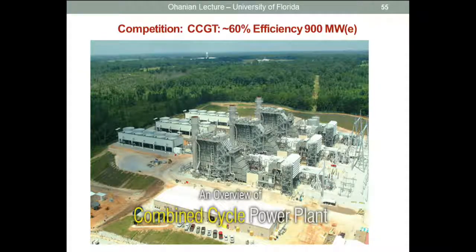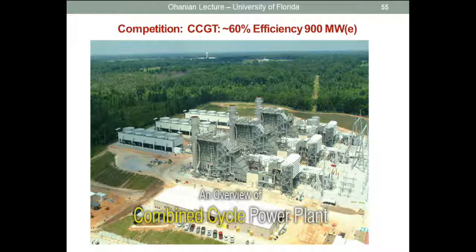And part of the reason I say that is we've got to look at the competition. If you look at a combined cycle gas turbine plant today, and this is a picture of a 900 megawatt plant, that's almost the same size as your AP1000 reactor. This one has 3 large, basically turbine engines connected to a conventional Rankine cycle. They're now 60% efficient.